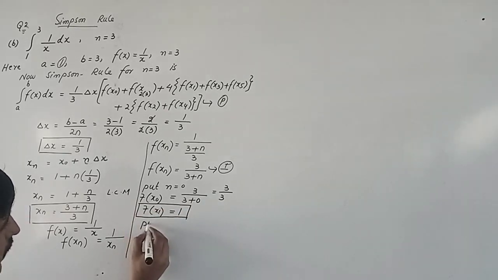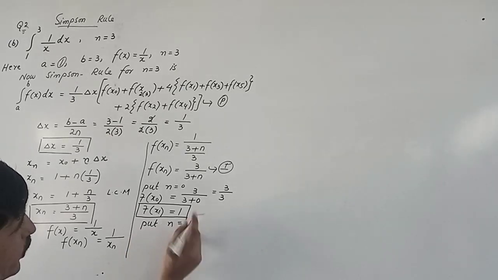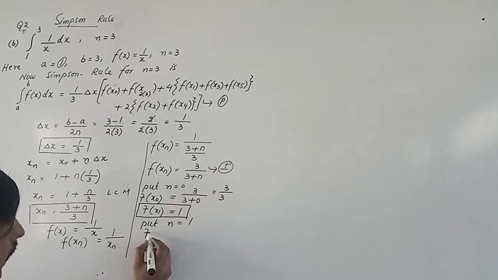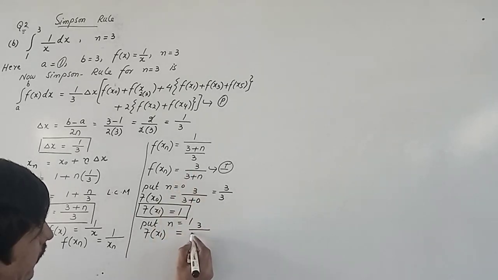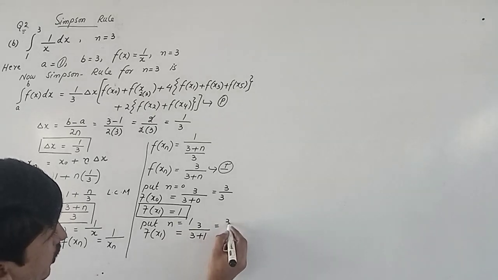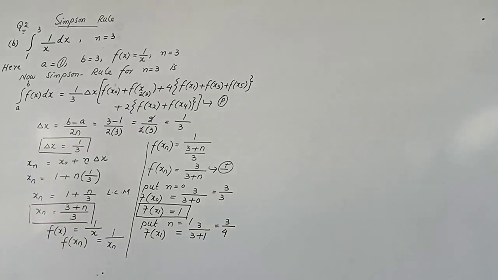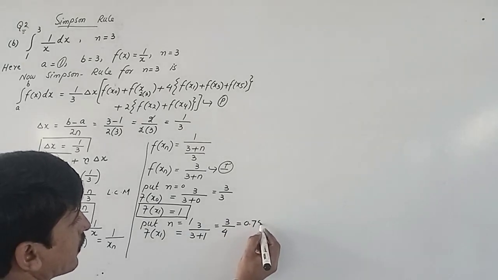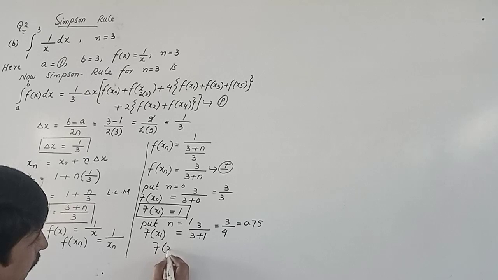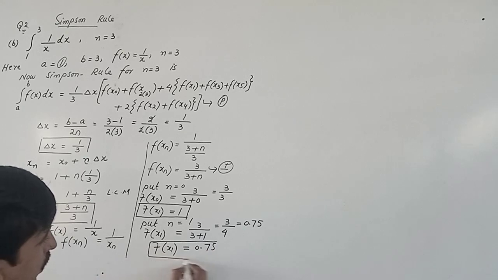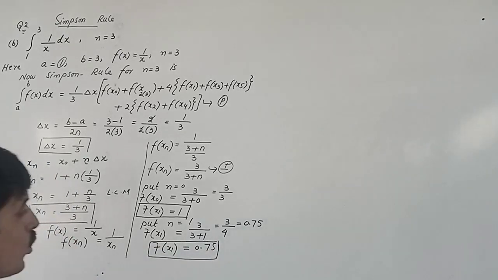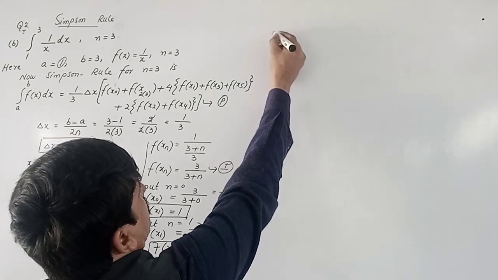Put n is equal to 1 in equation 1, so we get f of x1 is equal to 3 divided by 3 plus 1, which is equal to 3 divided by 4. 3 divided by 4 gives us 0.75. So f of x1 is 0.75.